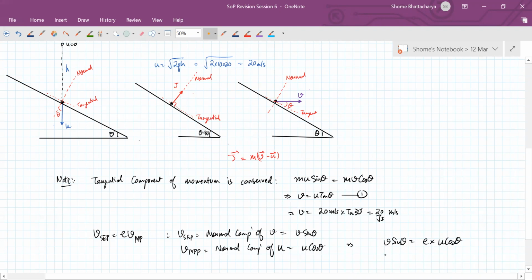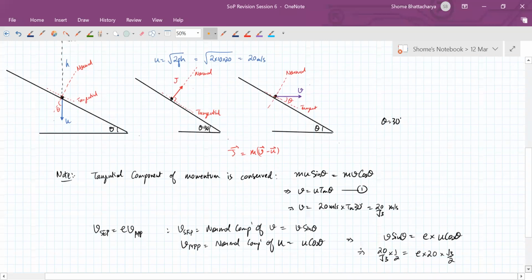Substituting, 20 by root 3 into sin 30 is equal to e times 20 into cos 30, which is root 3 by 2, because remember theta is equal to 30 degrees.